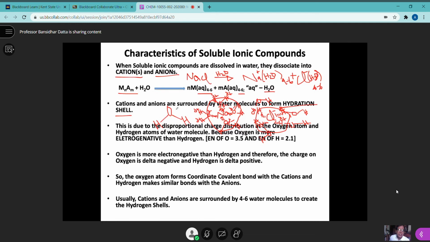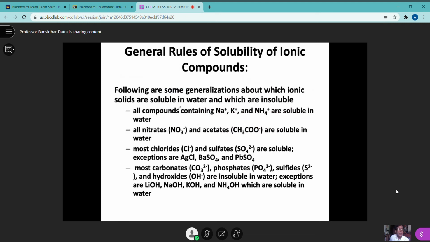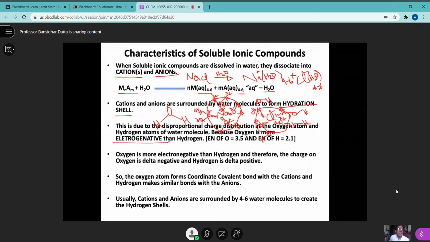That attraction of electrons is known as electron affinity or electronegativity. Electronegativity is the attraction of electrons of a particular atom within a bond. So in this bond, shared by 2 electrons, one from hydrogen and one from oxygen, most of the electron density is towards oxygen.